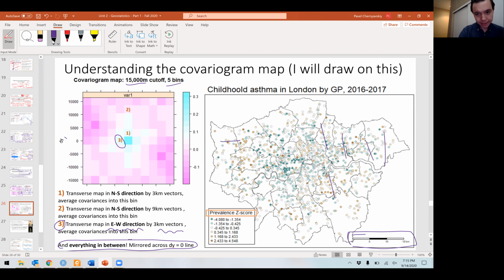So again, take the map and traverse it using 3-kilometer vectors, average the covariances of data that is within 3 kilometers east-west directly, right? Take that average of covariance. Why covariance? Because it's a covariogram map, and put it right there. All right, 9 kilometers, 3, 6, 9 would be here. If I did the same thing, just using 9-kilometer vectors, take the average covariance, put it right there.